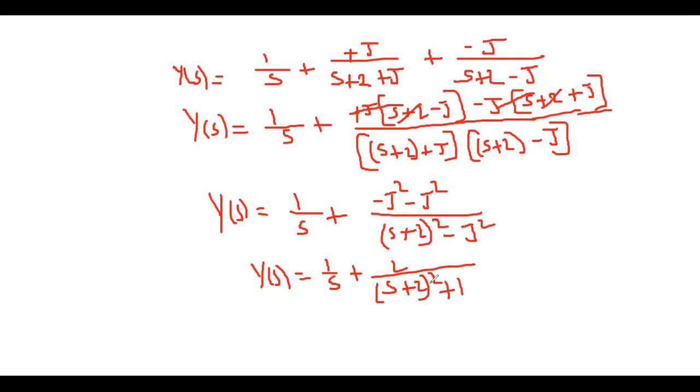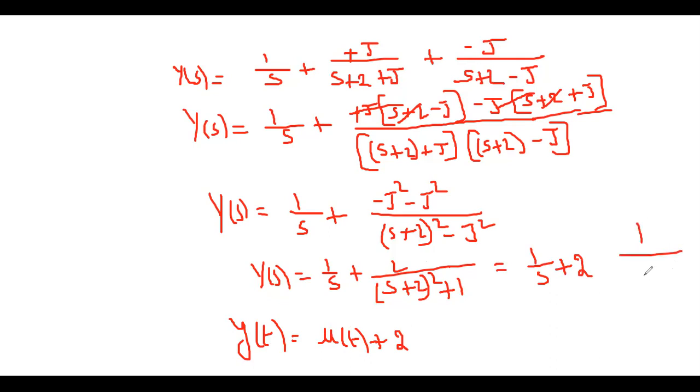So now we can apply the inverse Laplace transformation. What is the inverse Laplace transformation here? So for 1 by s, you get y of t is equal to, what is the 1 by s? mu of t. Plus 2 into, 2 is a constant. After getting the 2, you can write as, now I am writing this 1 by s plus 2 into 1 by s plus 2 whole square plus 1 square.